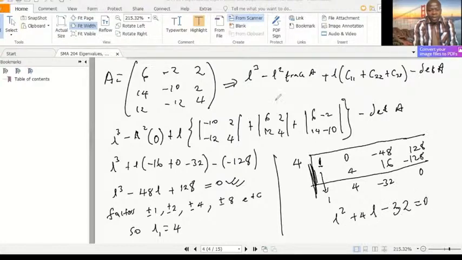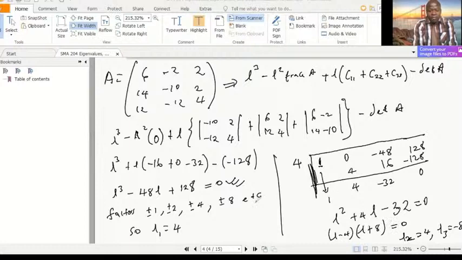So it's this that we again factorize to get the other roots. When you factorize this, you get lambda minus 4, then lambda plus 8 is equal to 0, meaning that lambda 2 is 4, and lambda 3 is negative 8.